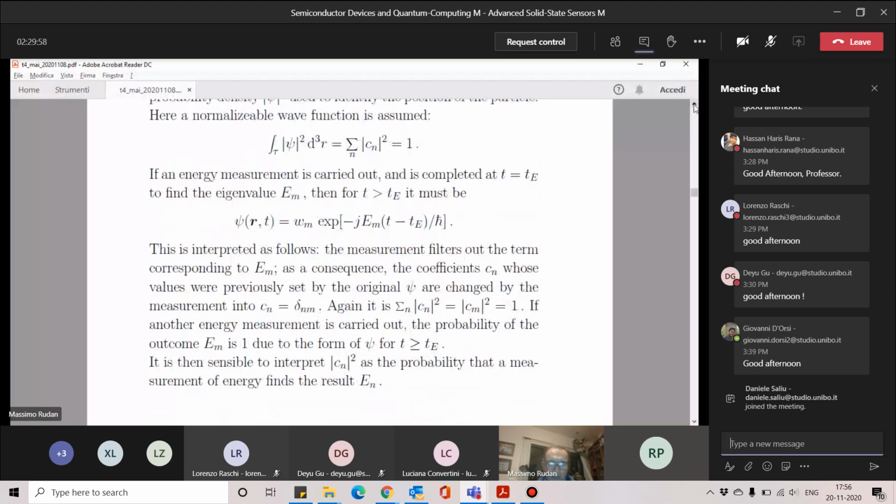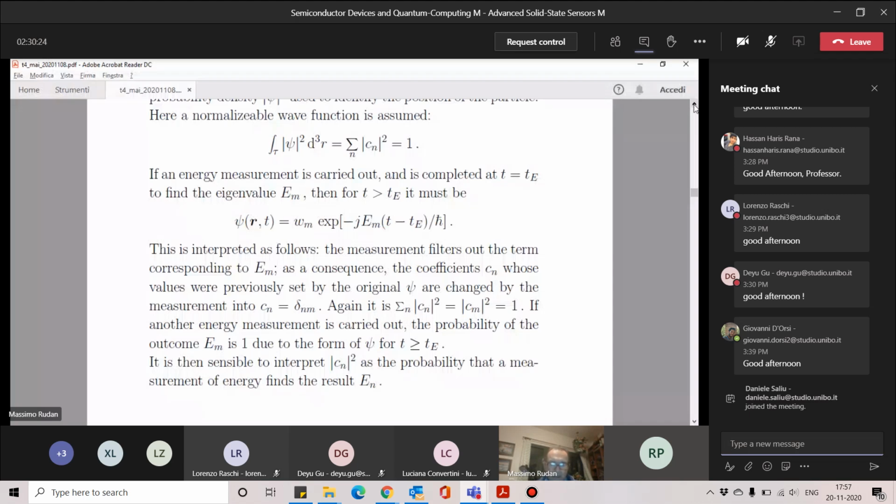Before measuring, we can only talk about probabilities. After measuring, we know with certainty the value of energy. So the corresponding coefficient C sub m must have the square equal to 1, because we are sure that this is the index of the energy.